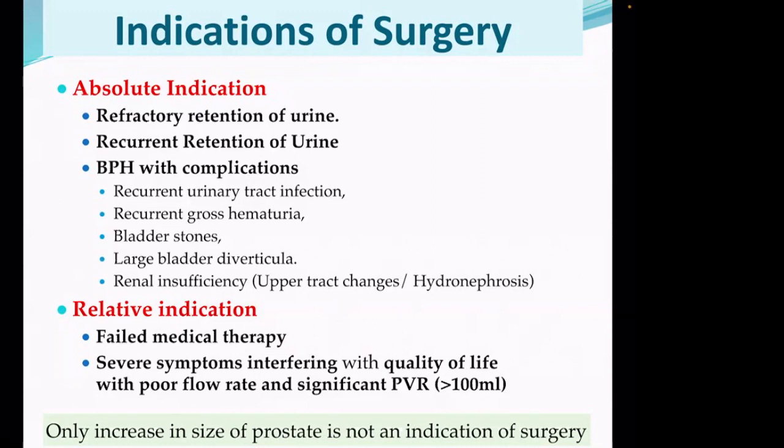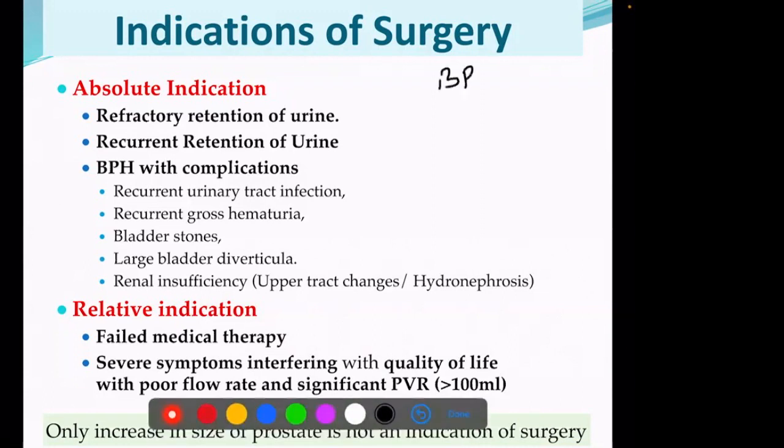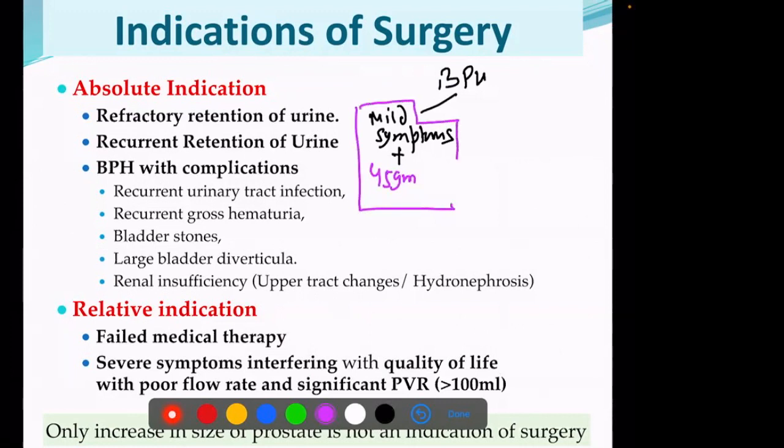And remember one thing, only an increase in size is not an indication for surgery. Suppose a patient has BPH and he has mild symptoms, but the prostate size is around 45 gram. So here the prostate is fairly large.